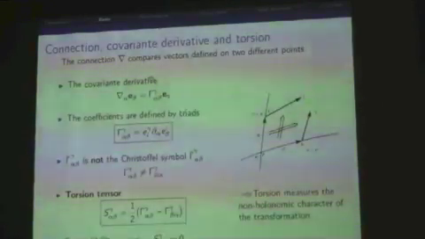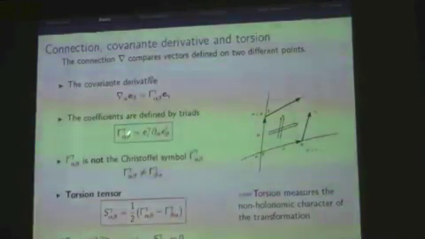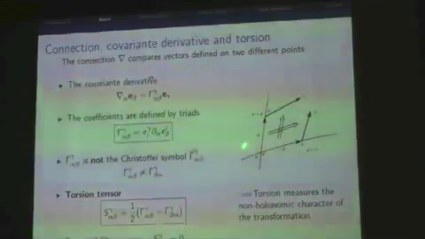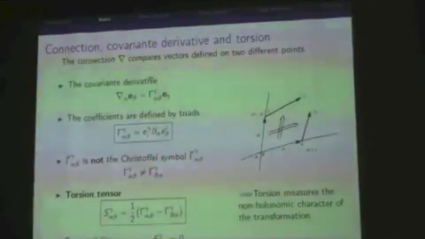So, what we have to know before is that thanks to this triad, we can write down the covariant derivative. And this is written down here. And what we see here is that the connection is defined by some coefficient, which is right here. These coefficients are not the Christoffel symbol, because they don't have a symmetrical part for the two lower indices here.